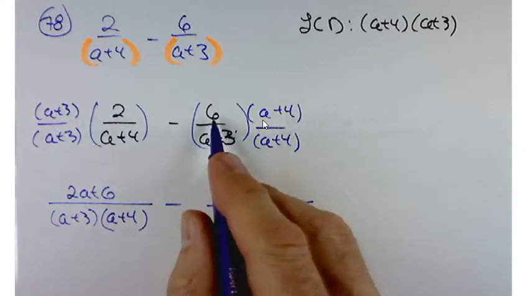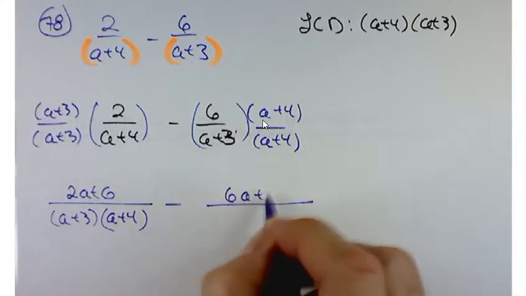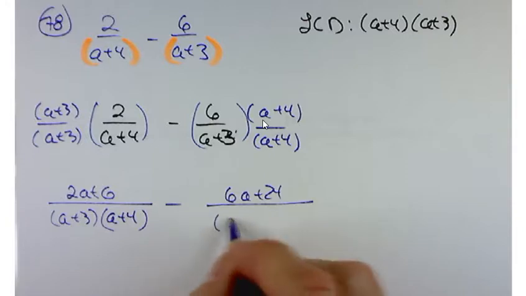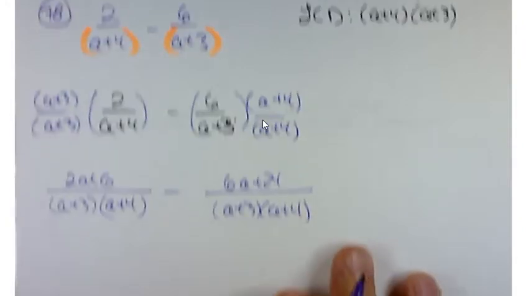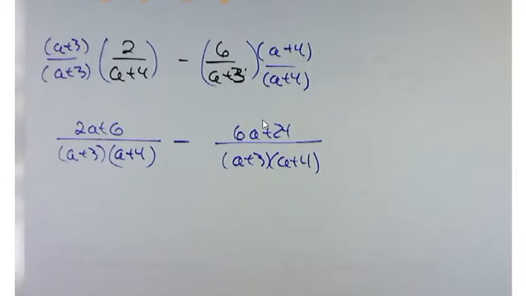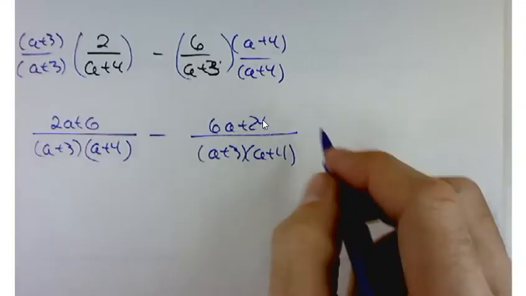And that's going to give me 6a plus 24 over a plus 3 times a plus 4. So far, so good on that one? Okay. We've got common denominators, right?